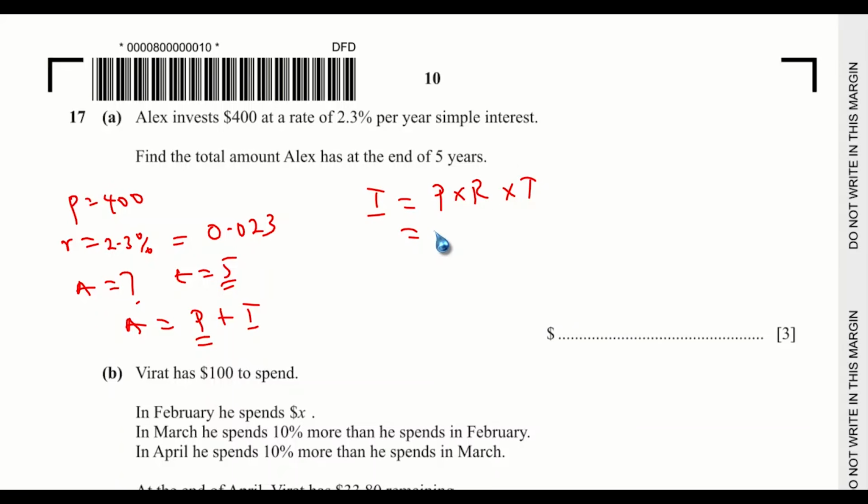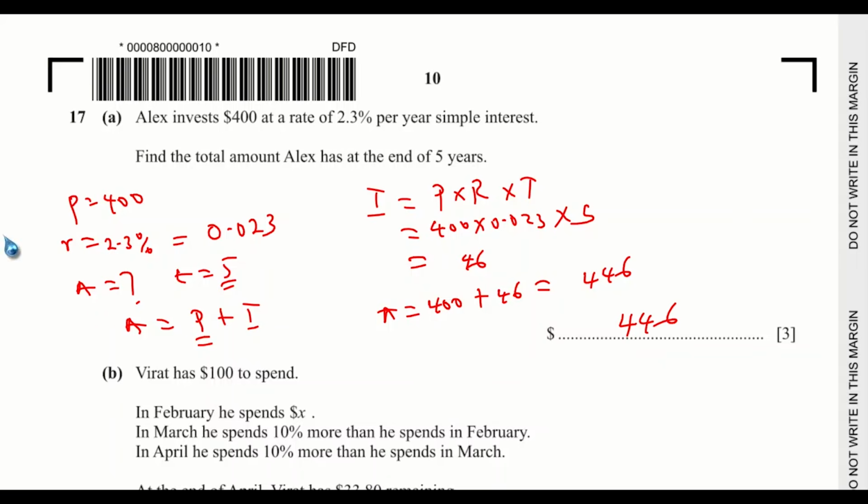So this will give us 400 multiplied by 0.023 multiplied by the time, which is 5. The interest will be $46. Now the amount will be equal to the principal, which is 400, add the interest, which is 46, and everything adds up to $446. Then part B.